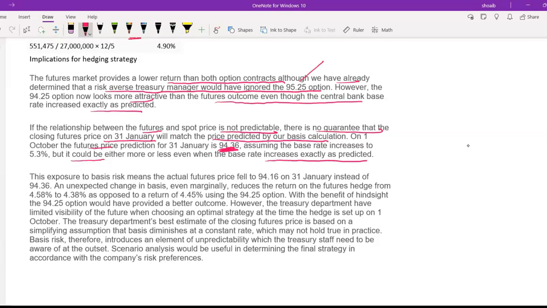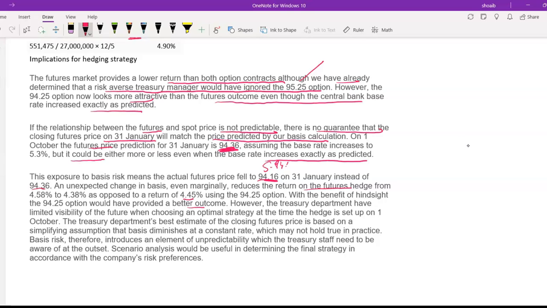The exposure to basis risk means that actual future price fell to 94.16, 5.84, instead of 5.64. An unexpected change in basis even marginally reduces the return on the future contract from 4.58 to 4.38, as opposed to the return of 4.45 using the option, with the benefit of insight that the 94.25 option would have provided a better outcome.